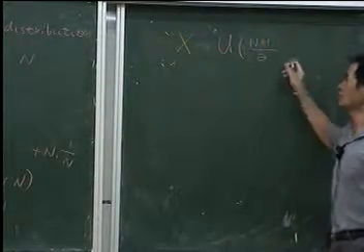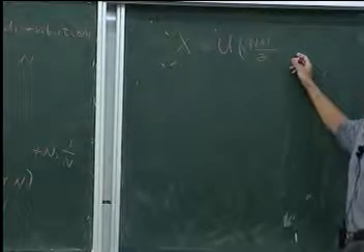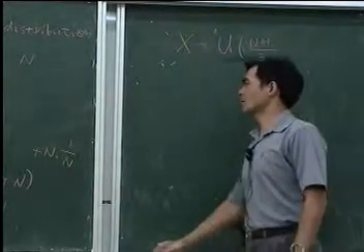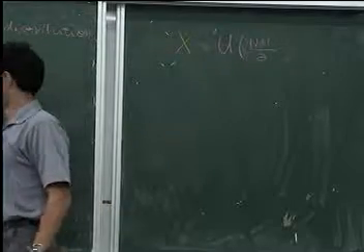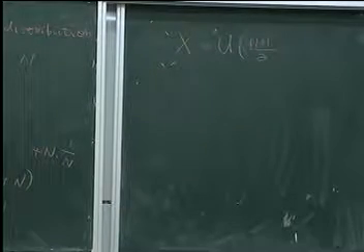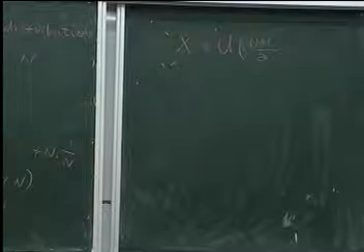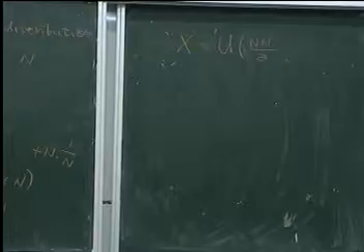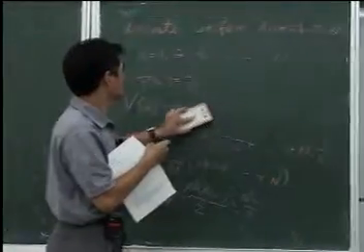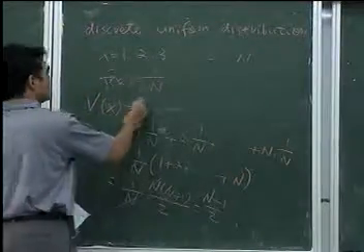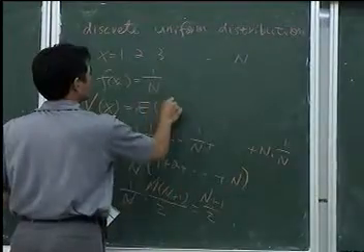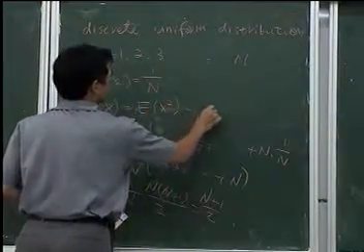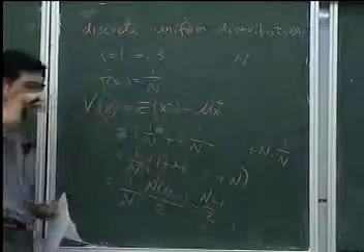And now we need to figure out what is the variance. Let us try. Now we are going to find out the variance, and variance will be equal to expectation of x squared minus mu x squared.